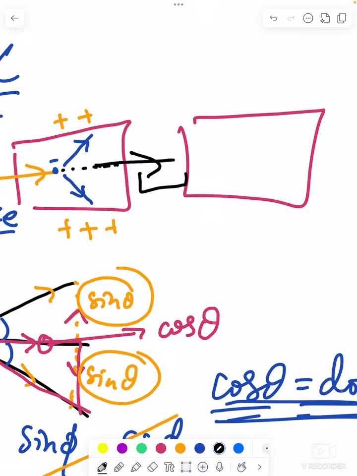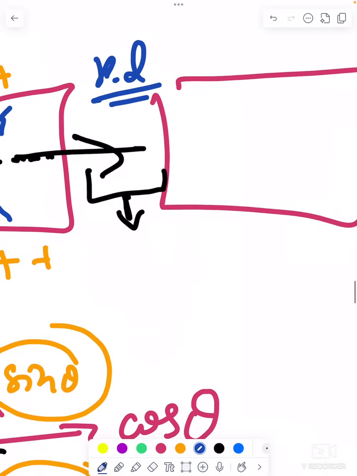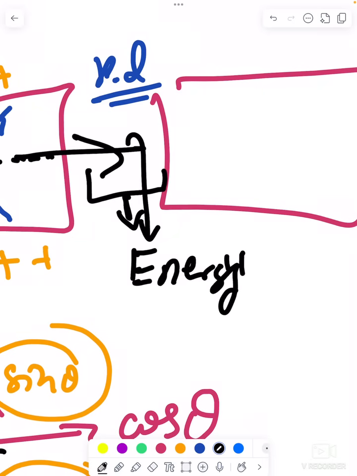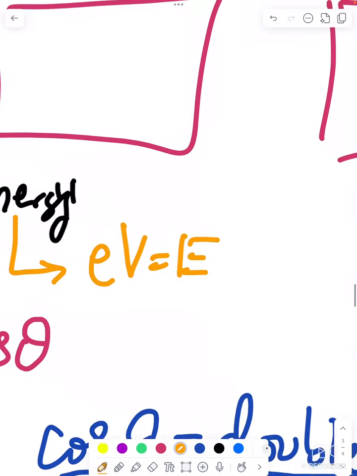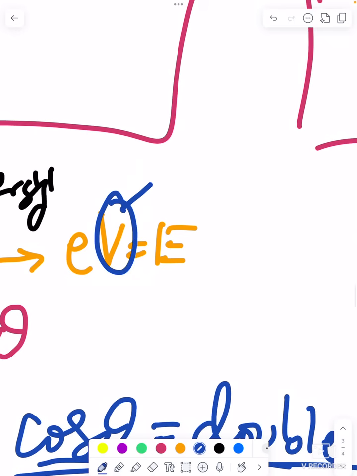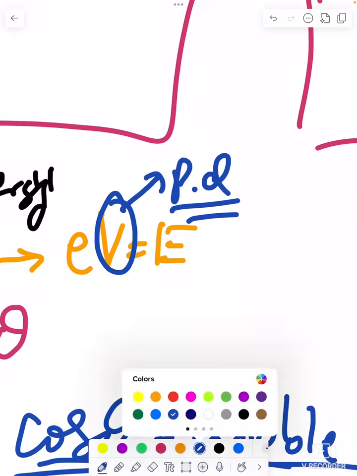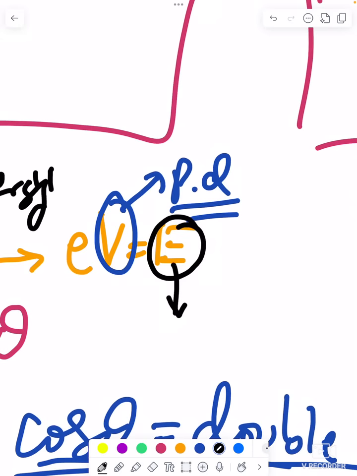Then in the middle there's PD. Now what the PD does is give energy to the particle. We know from the formula, eV equals E. So when it is acted upon by the potential difference, it gains energy.